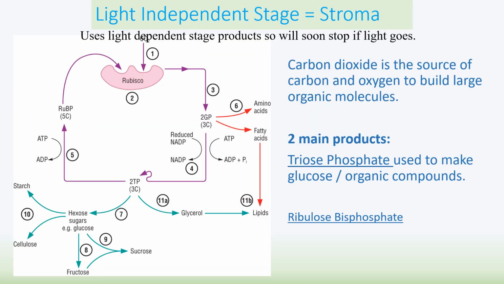If we run out of light, it will have a big impact, because we will not have this, this, or this. Therefore the reaction is almost stopped, because you cannot make any more TP without the light and the products from the light stage.